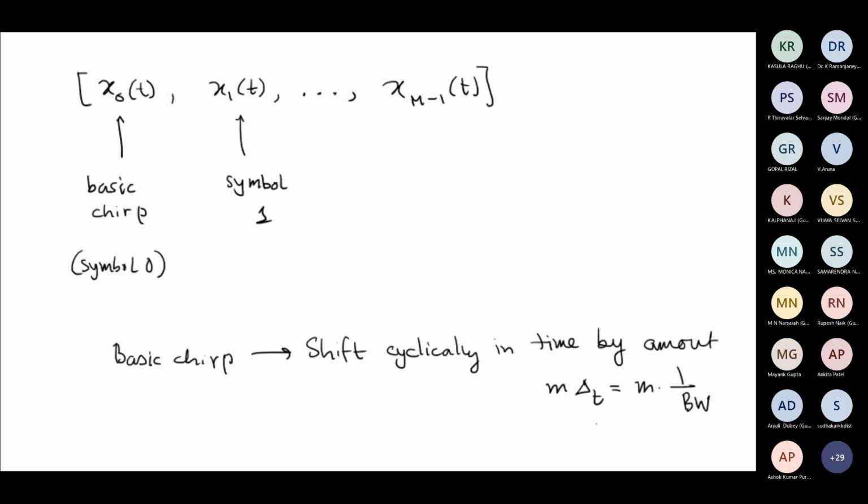So if we do this shifting, that gives us symbol m. So essentially, we have a basic chirp, and each of the other symbols are cyclically shifted versions of the basic chirp. Symbol 1 is obtained by cyclically shifting symbol 0 by an amount equal to delta t, where delta t is equal to 1 by bandwidth. Symbol 2 is obtained by cyclically shifting the basic chirp by an amount 2 delta t, and so on.